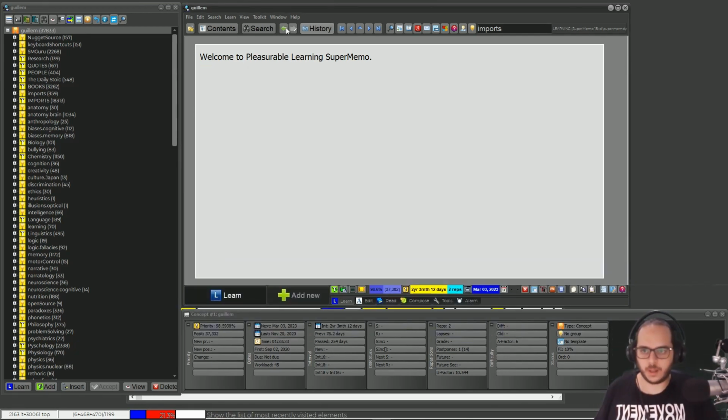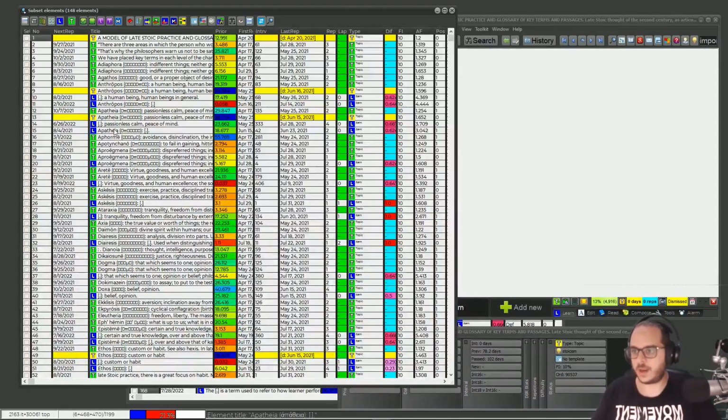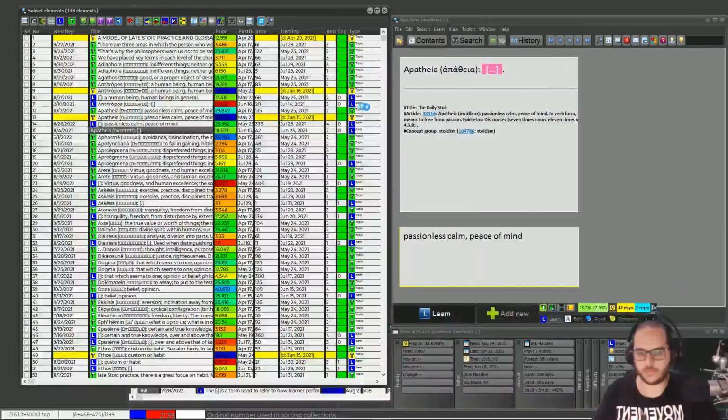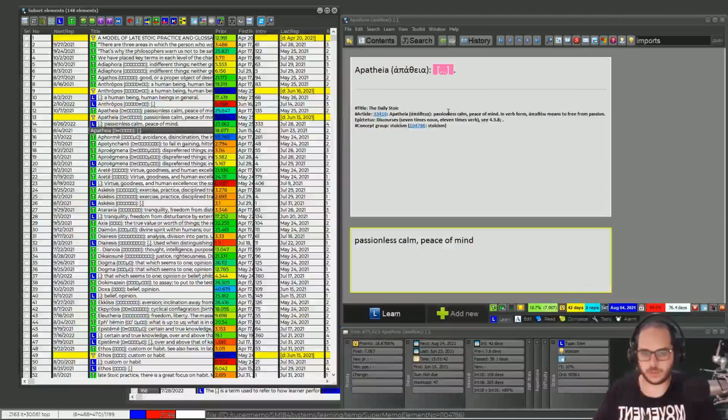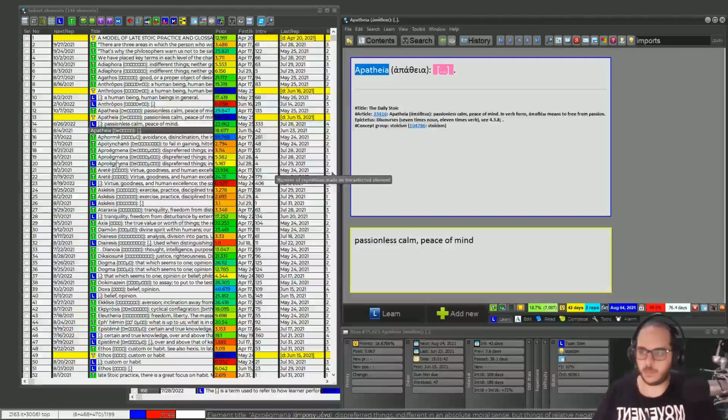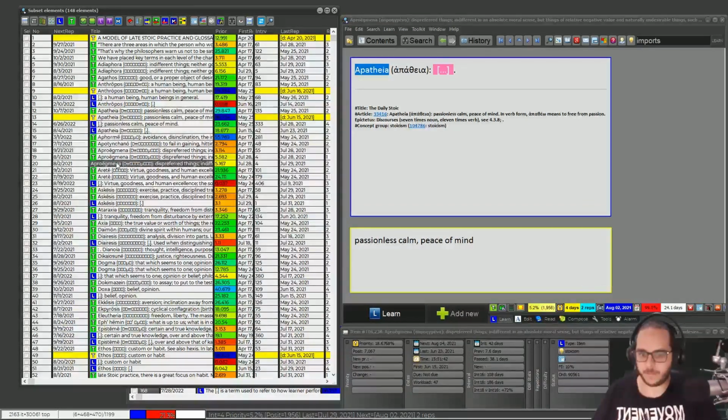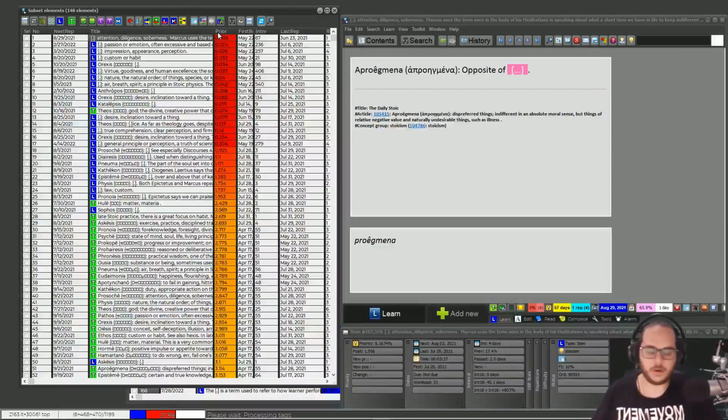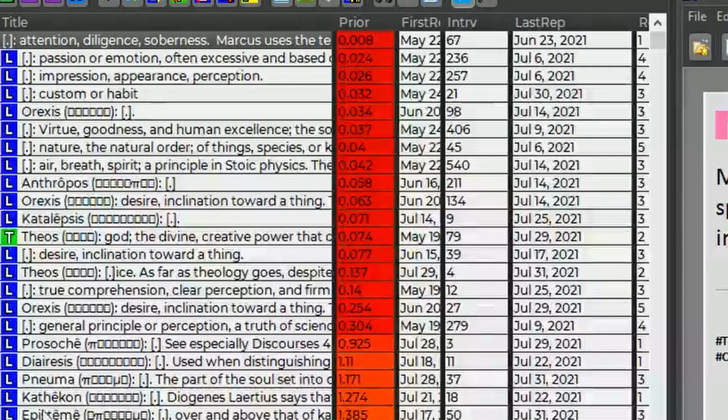If I go to Daily Stoic, here I have lots of vocabulary about Stoicism. I did a couple of them, and you can see the priority is very high. Look at that, 0.008. That is below the 0.01, which is where it was at 100%.